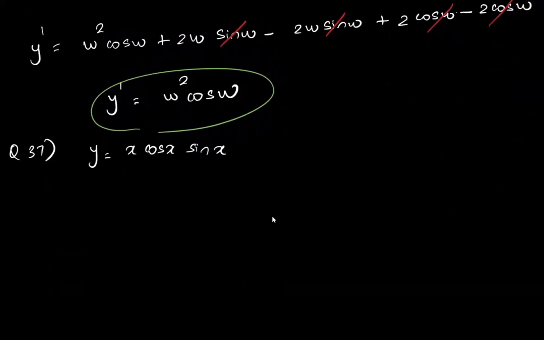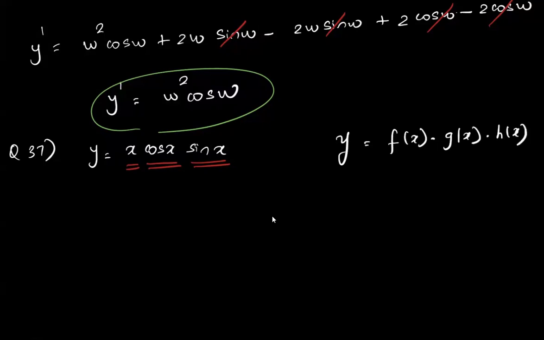Okay, so here I have a product of three terms, okay? There is an x, there is a cosine x, there is a sine x. So whenever you have a product of three things, right? So if you have an f of x times g of x times h of x, like there are three separate functions and you're taking its derivative, what you do is you take the derivative one at a time.